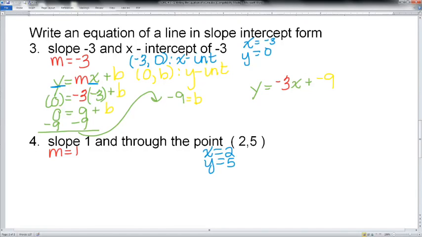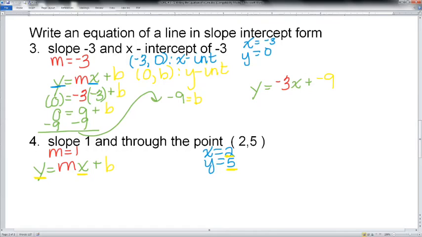So when I set up my y equals mx plus b, I'm going to substitute in this 2 for my x, this 5 for my y.